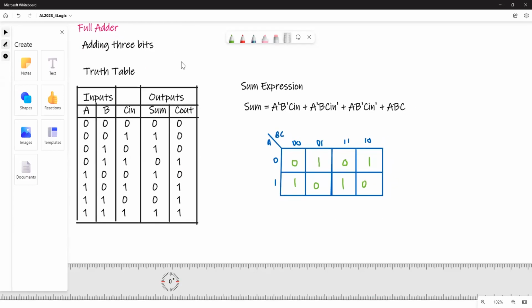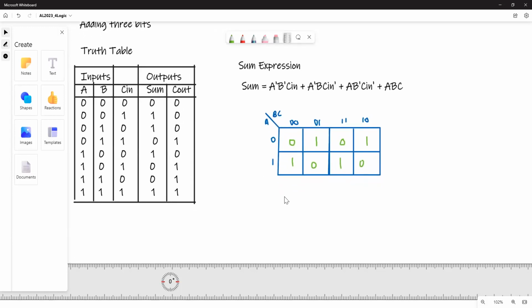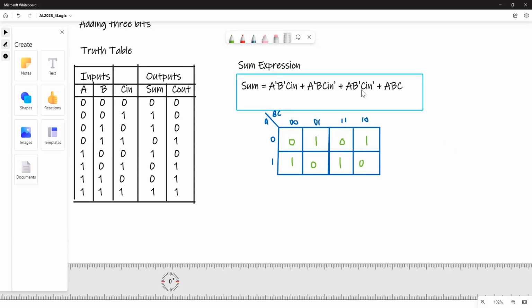If you're not really sure, you can try Boolean simplification. So let me do that for you. In Boolean simplification, I will take a copy of this and try to simplify.